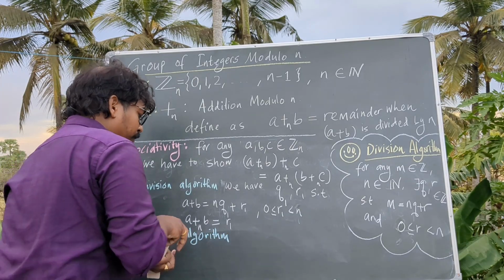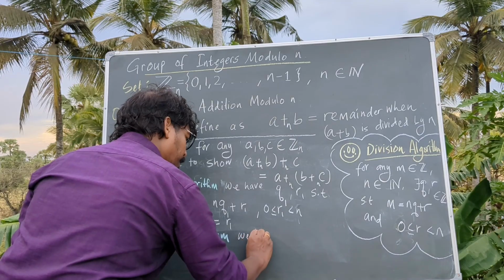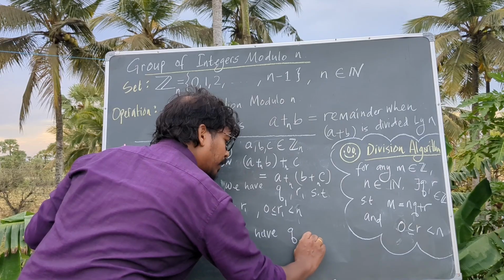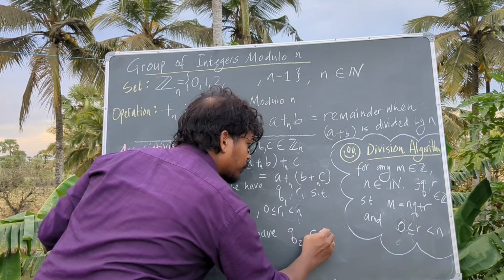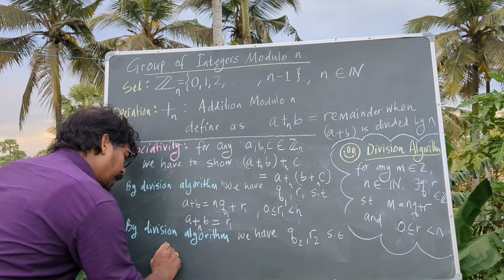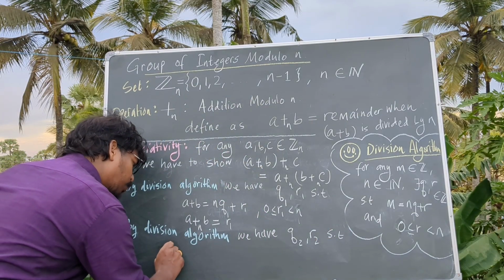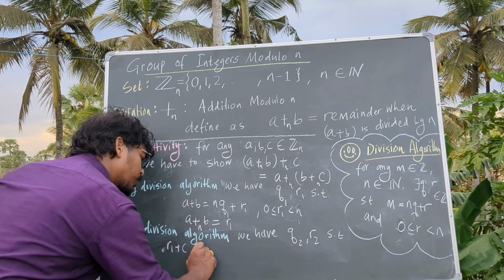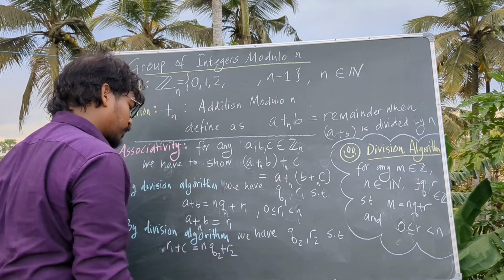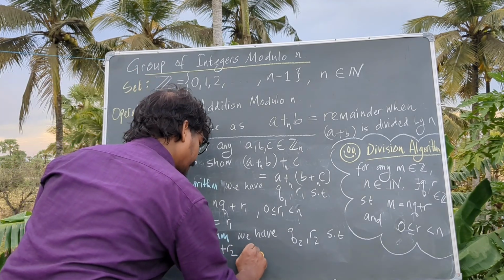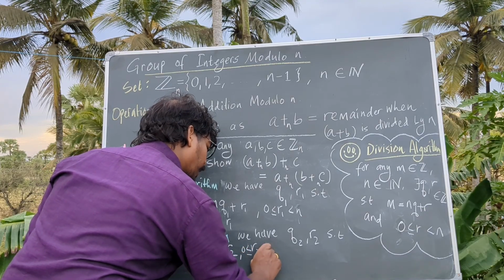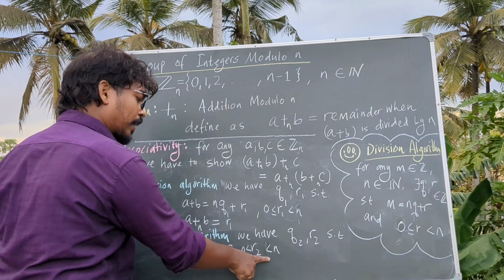We have q2, the second quotient, and another remainder r2, such that r1 plus c equals n q2 plus r2, and r2 lies between 0 and n minus 1, strictly less than n.